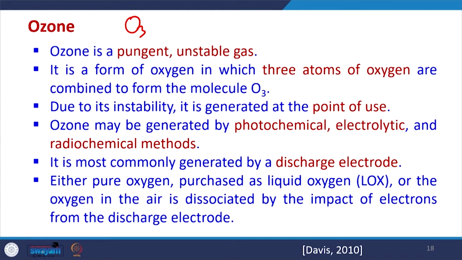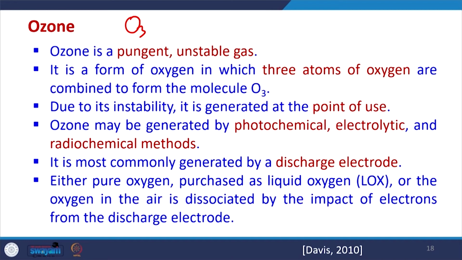But if any amount of ozone gas is present at ground level, it is considered bad because it will react with living organisms, maybe plants, and also with human beings if present in high concentration. So, it will cause problems to them as well.